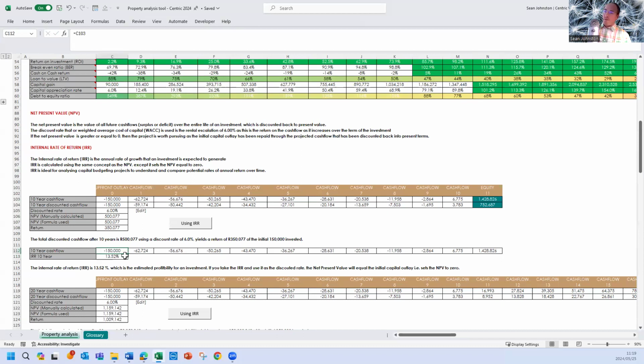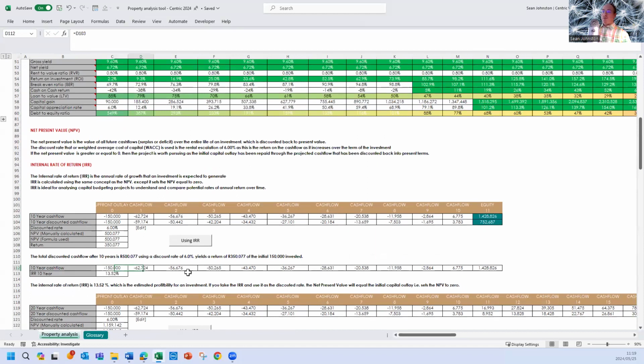So you put in 150,000, you put in an additional 62, 56, 50, 43, etc., and then you get a big growth up to 1.428 million, because essentially it's an investment return.